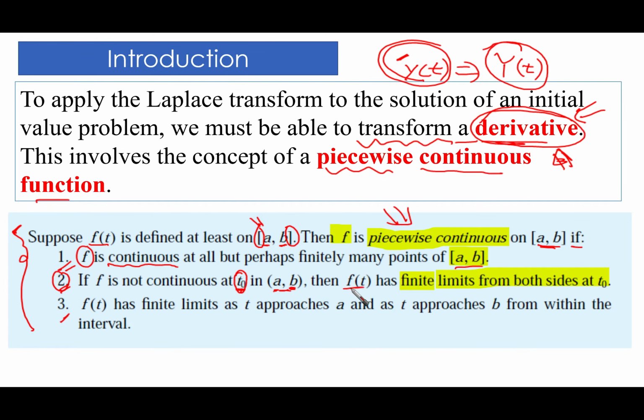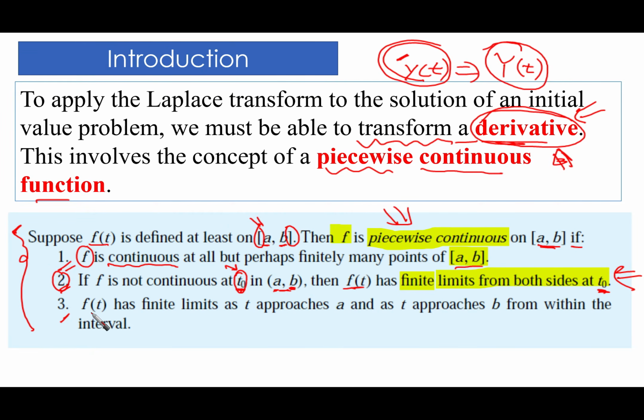Then f of t has finite limits from both sides of t. Then if we have a discontinuity at point t naught, we still have finite limits from both sides at t naught. I'm going to show this shortly in the next slides using some graphs, so do not worry about this.